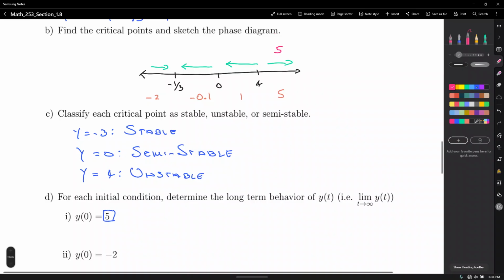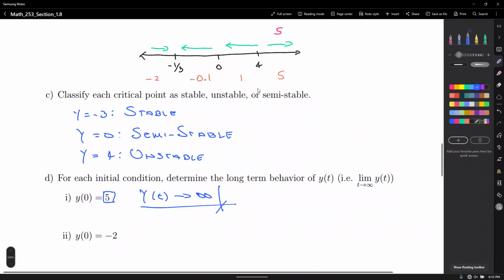So in this case, we can simply say y of t approaches infinity. All right. And we're going to have a look at that in the slope field shortly. What about y of 0 equals -2? So let's look where we have the number -2. Actually, we have it right here.